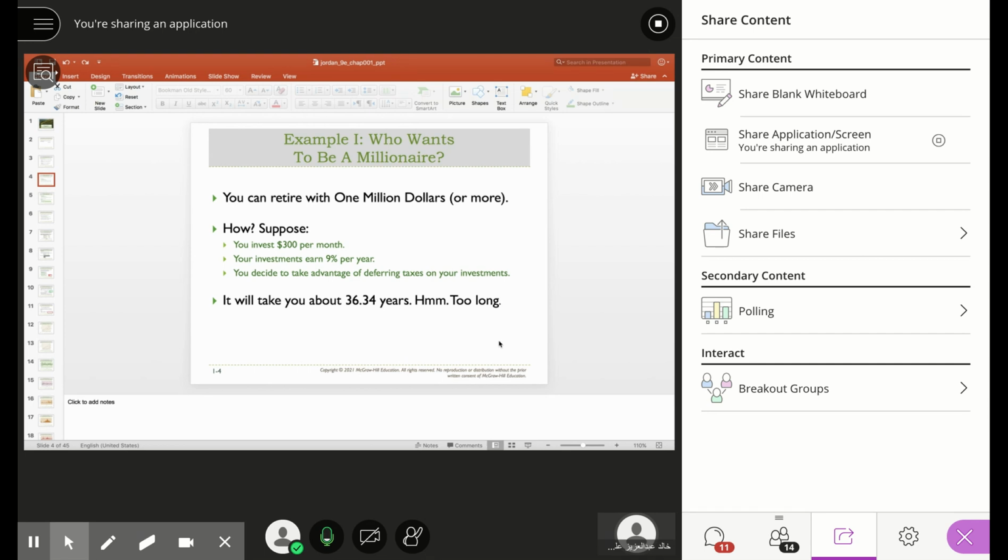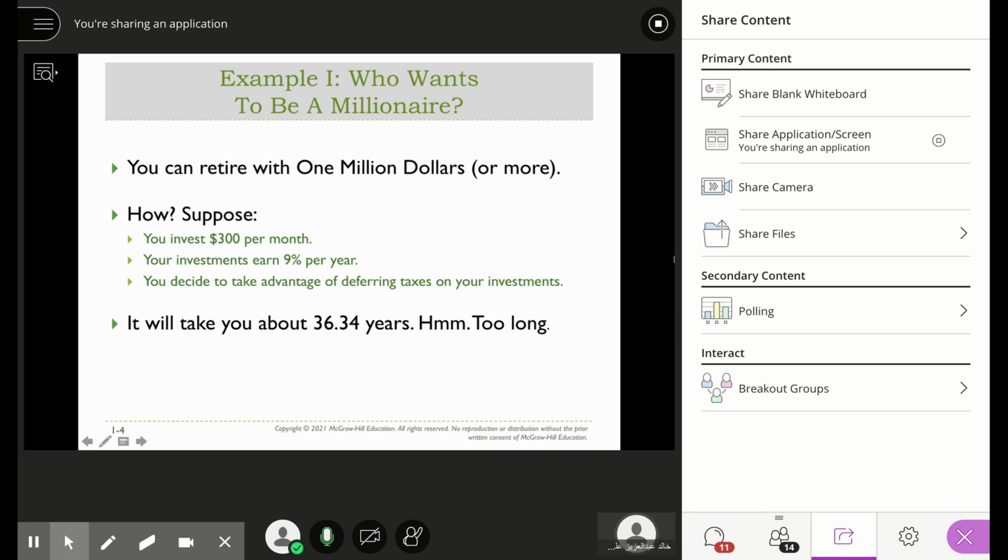We did assume that someone would like to have an objective of having $1 million once he retires or in the future in general.